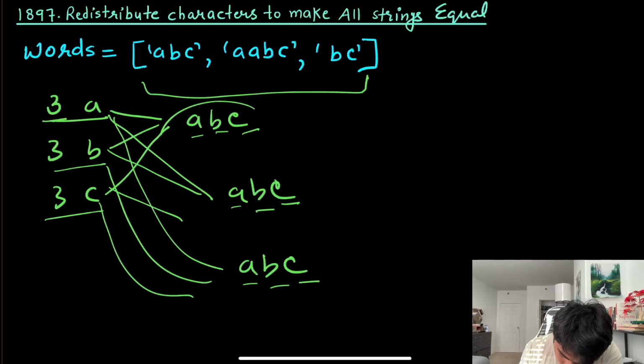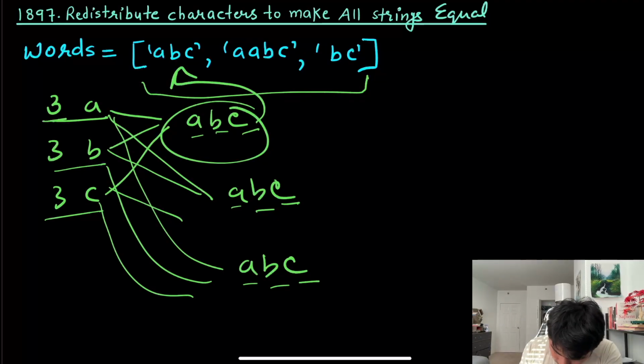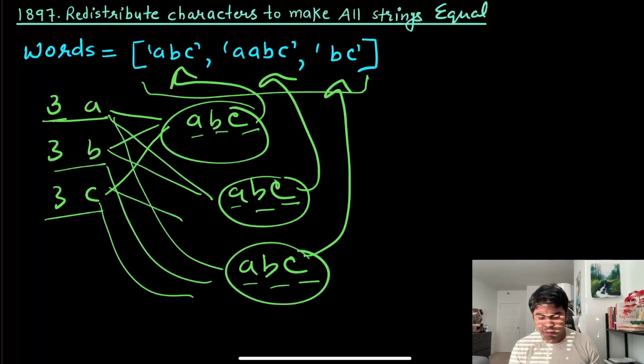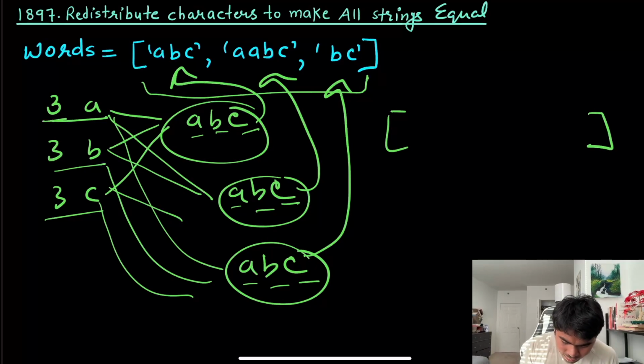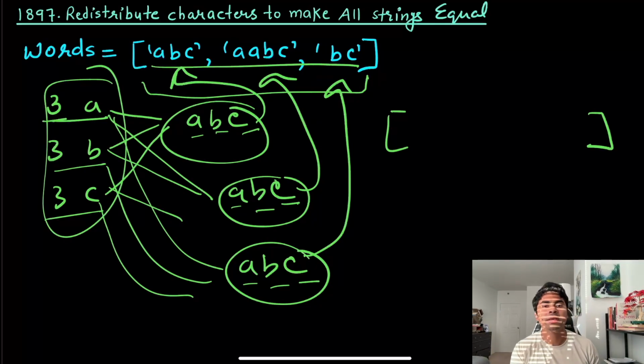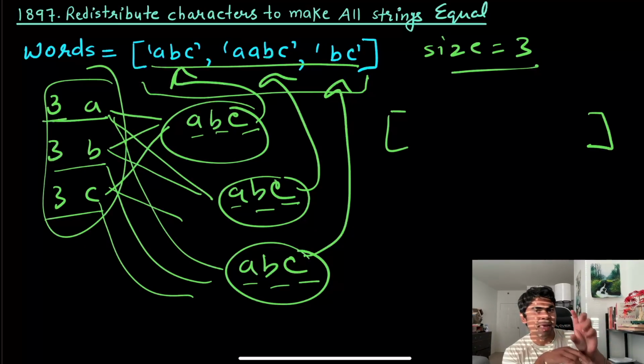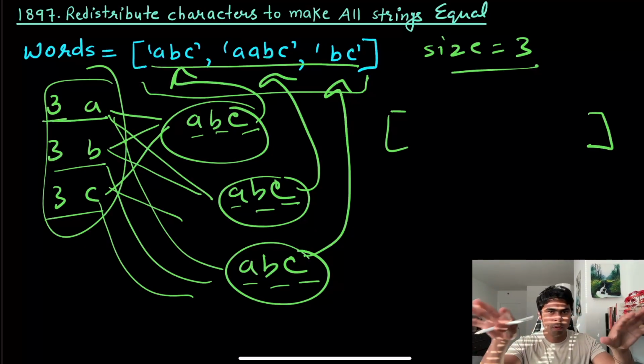And I'm going to place all of them at their positions in my array, because the size of the array is 3. By the way, I collected these by combining all of them and counting the frequency of each character. If the frequency of each character present in our array was equal to the size of our array, then I could place that character into all these strings.